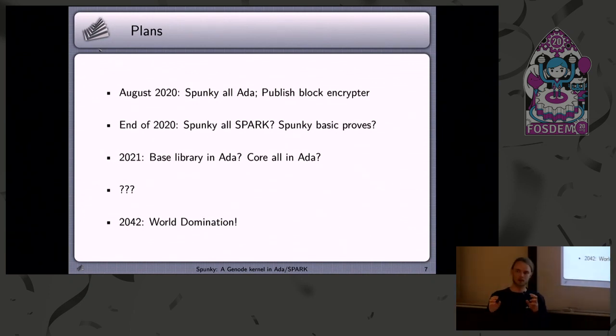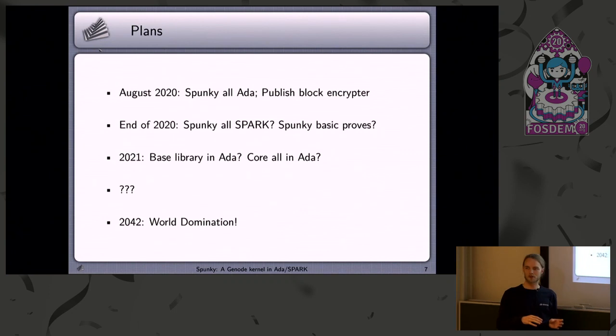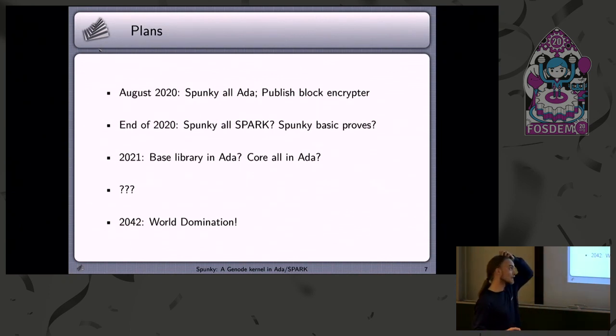Once I have gotten rid of all the base HW stuff in Spunky, I'm free to redesign it. So essentially, I can try some strategies that I have for getting rid of pointers. That's the main thing, I think, and to convert all of Spunky to Spark. And then, of course, I'd really like to prove some basic assumptions about the kernel.